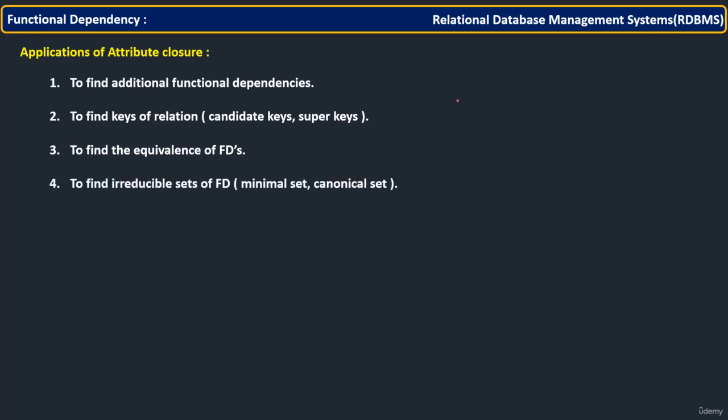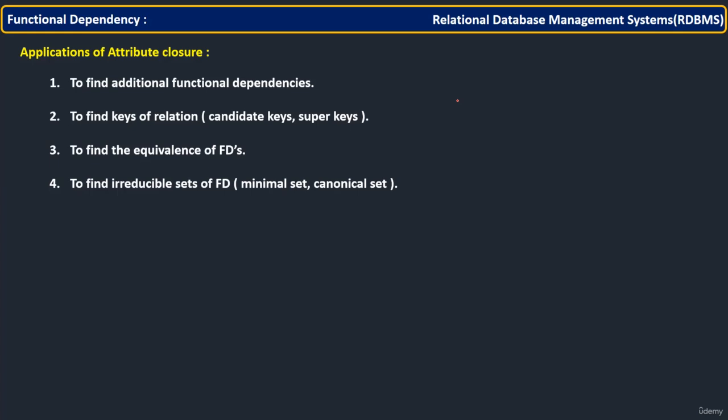And then we can find the irreducible sets of FDs. This is sometimes called the canonical form, or the minimal set, or the irreducible set. As the name implies, irreducible means further reducing is not possible. So such FDs you can find.